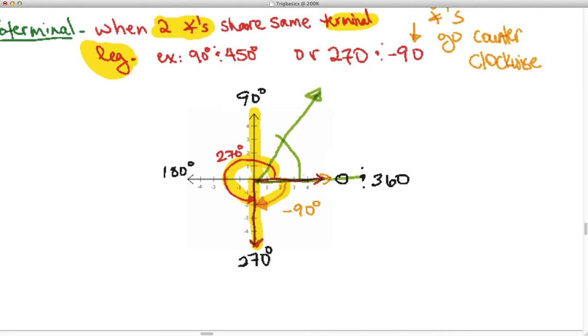Okay, that angle I just created is a central angle because it goes through the origin, and if I pick some fixed radius, let's say 4, now I've created an arc length.